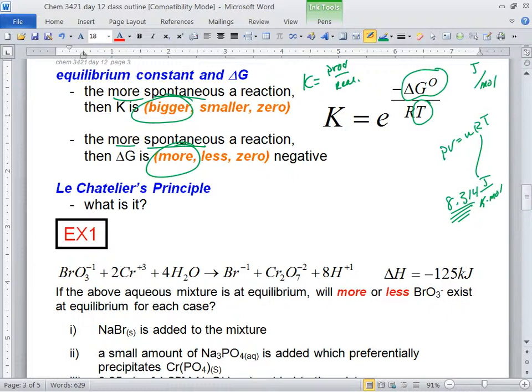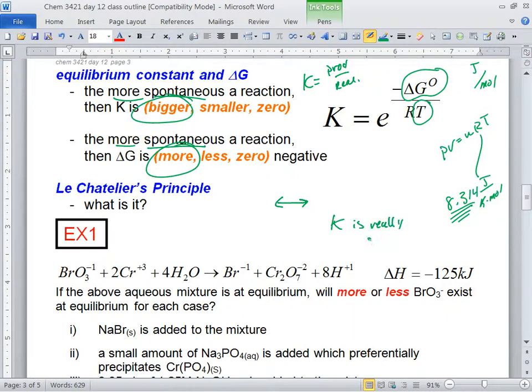Le Chatelier's principle. Desiree, what's Le Chatelier's principle? Here's a hint of what's coming up. They have this reaction and they're doing stuff to it. Maybe the equilibrium constant, let's say K is really small.